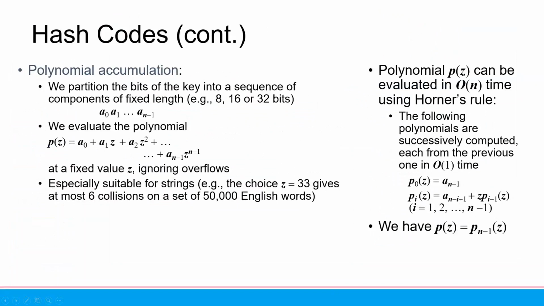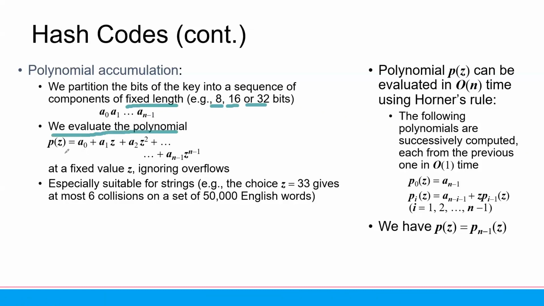There is another kind of hash code. We call it polynomial accumulation. Maybe it is more complex than the general one. We partition the bits of the key into a sequence of components of a fixed length. You can determine whether the fixed length is 8, 16 or 32. Then we evaluate the polynomial.